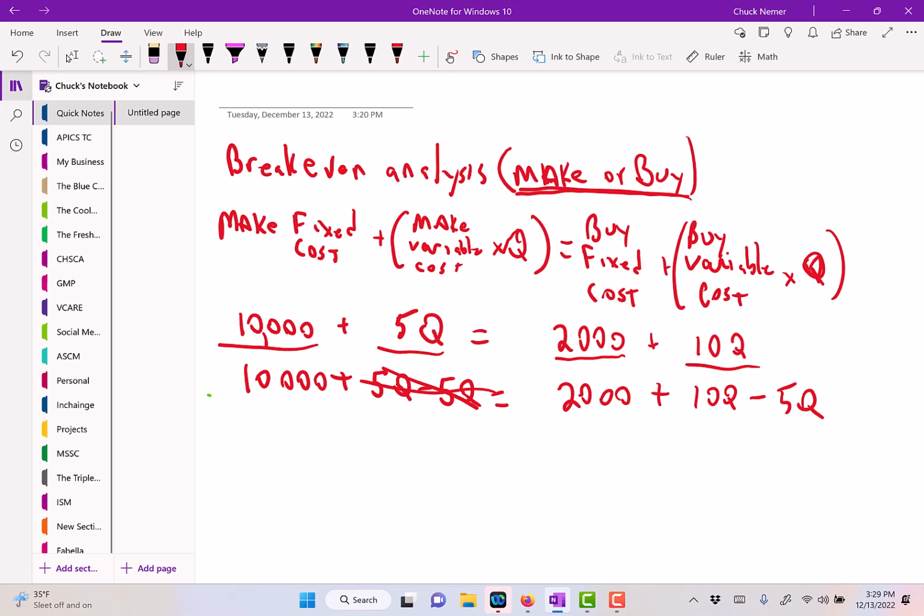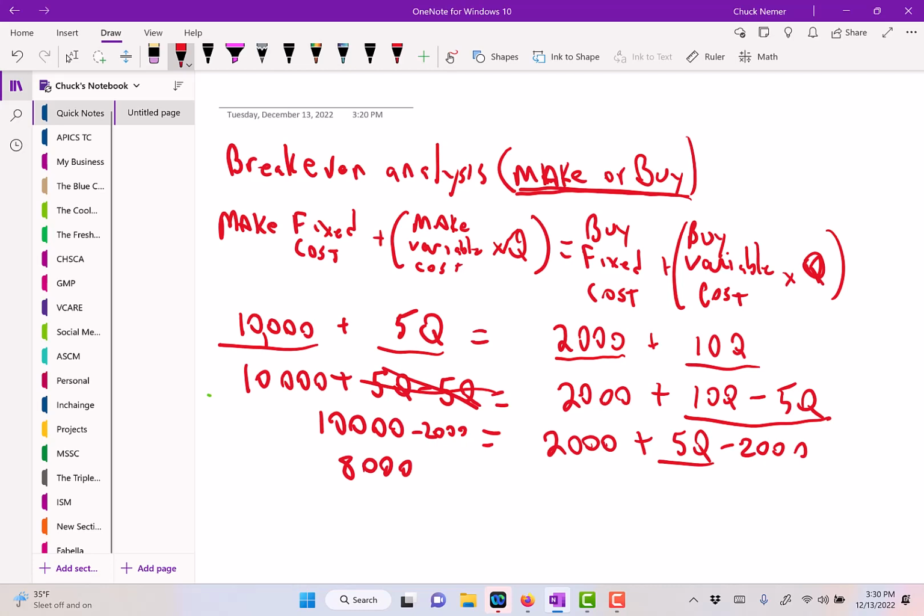So these two kind of wash each other out, and I'm left with 10,000 is equal to 2,000 plus 5Q when I subtract it there. And then I'm going to subtract both sides by 2,000 to get the 2,000 on the other side and isolate the 5Q by itself. So now we've got 8,000 is equal to 5Q because these two wash each other out.